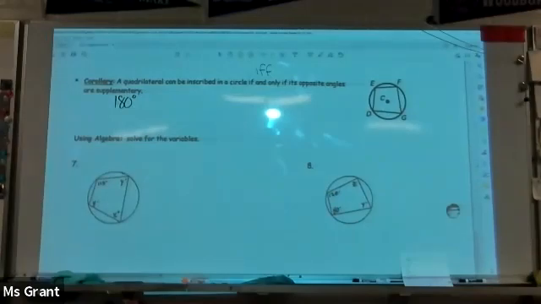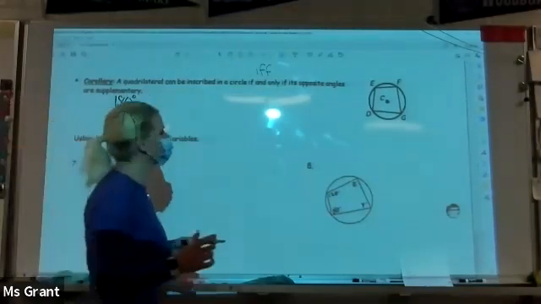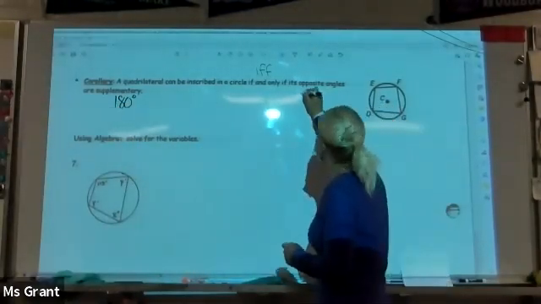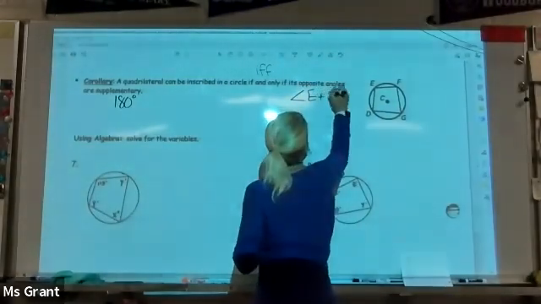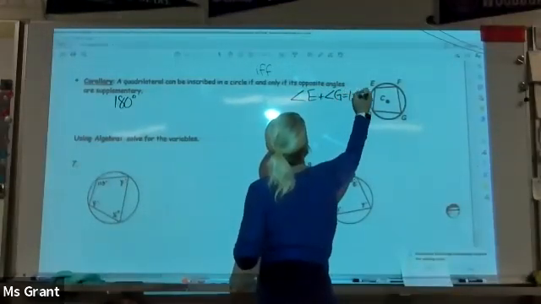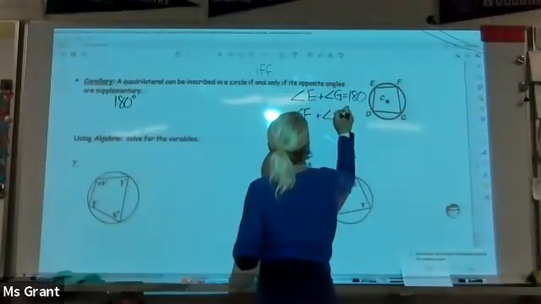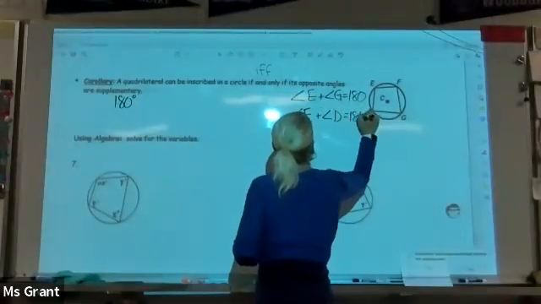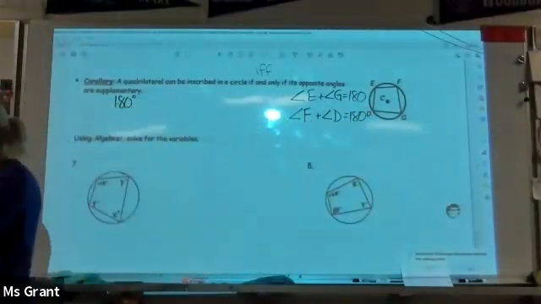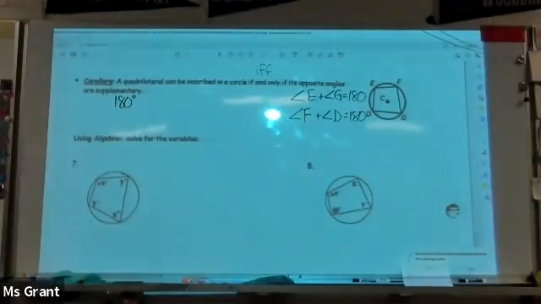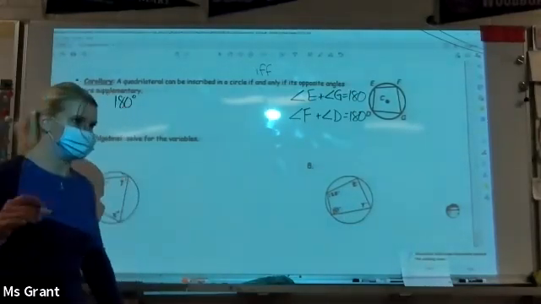Supplementary, 180 degrees. Opposite angles. Angle E plus angle G equals 180. Angle F plus angle D equals 180. Okay, opposite angles, supplementary, 180 degrees.